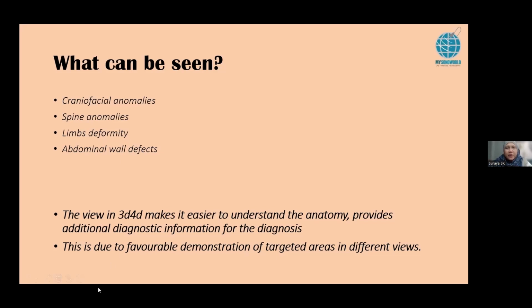This is because you can demonstrate targeted areas in a few different views, which are the axial, the coronal, and the sagittal. So that's why you can see abnormality nicer in 3D, 4D. It sort of gives a confirmation of what you want to see.